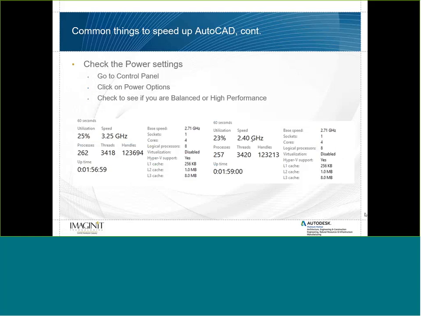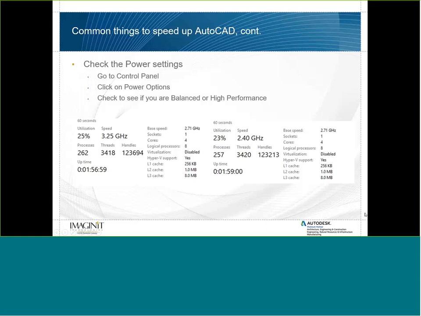This is huge because, again, AutoCAD is running single core, single thread, so you want to get the most speed out of that single processor core it can use, and you'd be surprised at the performance difference just based on balanced versus high performance. So again, always set it to high performance. This is simply part of what I check.